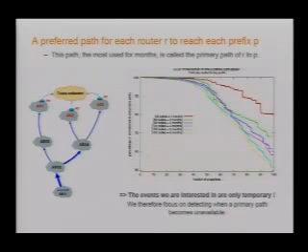If you look at the x-axis, at the half of the x-axis, you can see that less than 2 or 3% of source-destination pairs use this path more than half the period.